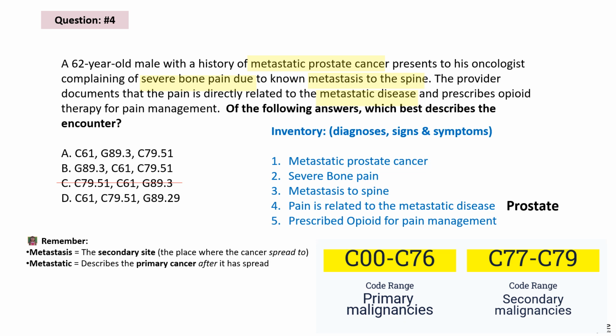Also, look at B. Before I move on, look at B. B is sequencing this G code first. And if you've studied the mnemonic terms or the categories, which you could do in our prerequisites, we've shown you how to identify certain classifications of these ICD-10-CM codes on site.